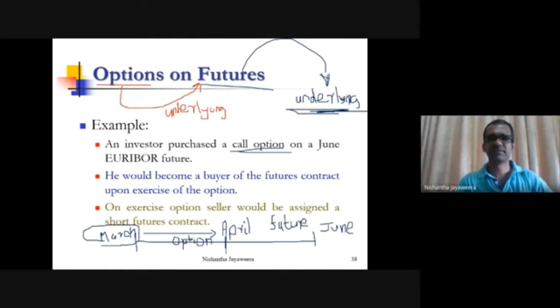On this date, the option buyer will decide it. How?